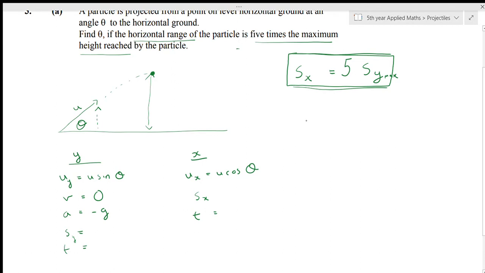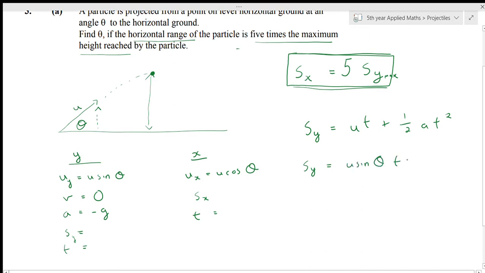So if we wanted to form an equation from that, we could say that Sy equals ut plus a half at squared. So Sy equals u sine theta t minus, because it's going against gravity, a half g t squared.